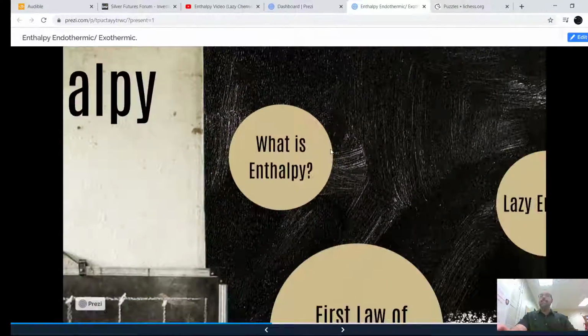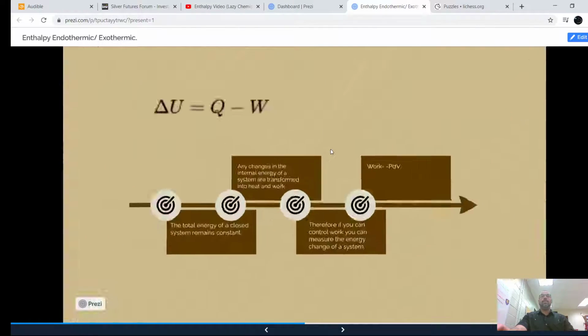All right. The next thing that we want to go over here is the first law of thermodynamics.